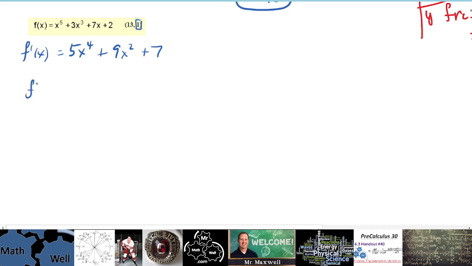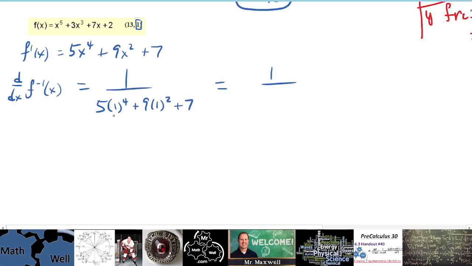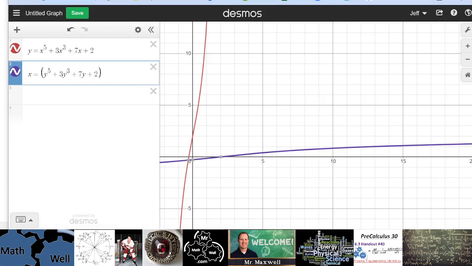So the derivative of f inverse of x is equal to 1 over 5 times 1 to the 4th, plus 9 times 1 squared, plus 7. That is 1 over 5 plus 9 is 14, plus 7 is 21. So remember I said it's pretty flat, the slope is pretty close to 0, according to our diagram, and that is correct here.